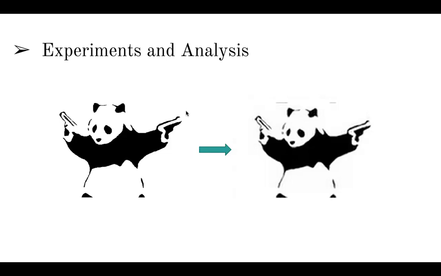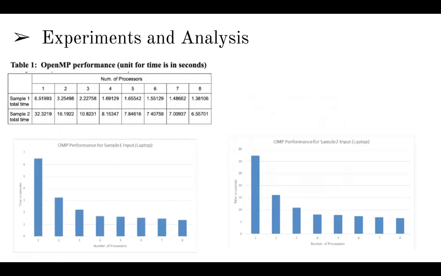And this is sample 2. Also, you can see the original image is very clear, and our resultant image is very blurred compared to the original one. Here is the runtime for OpenMP performance.